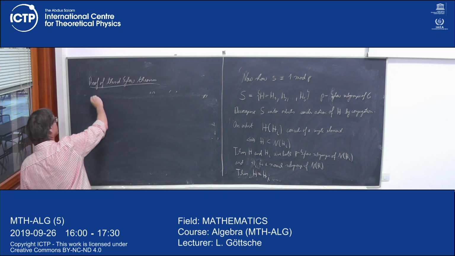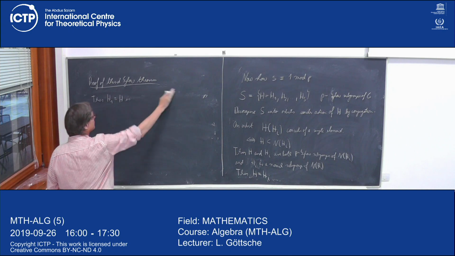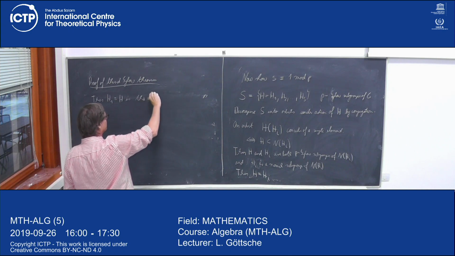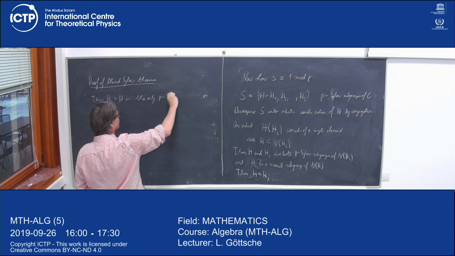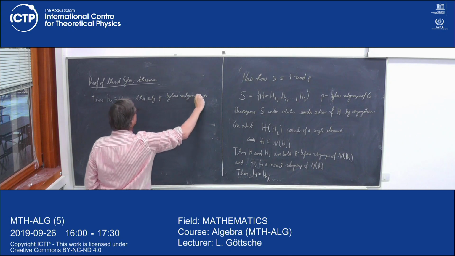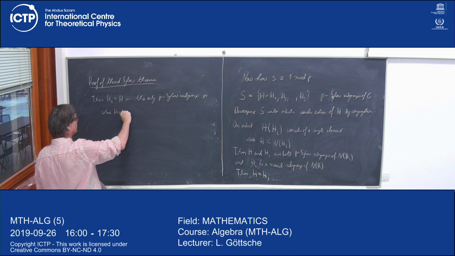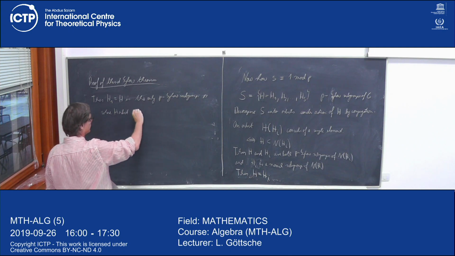So thus H_1 equals H is the only p-Sylow subgroup whose orbit consists of one element.